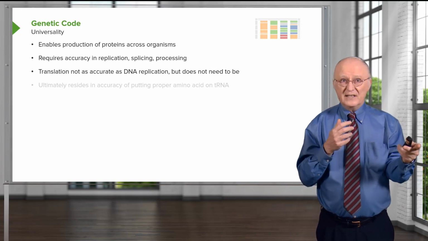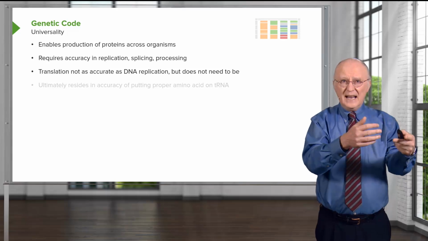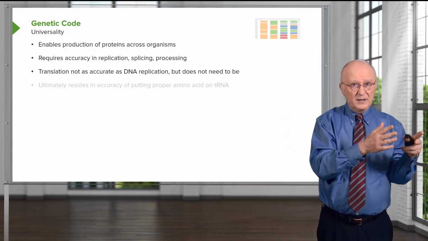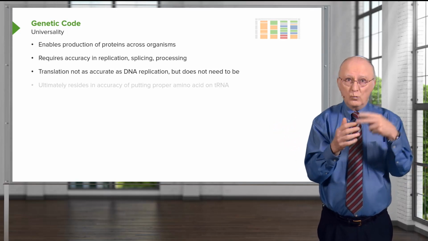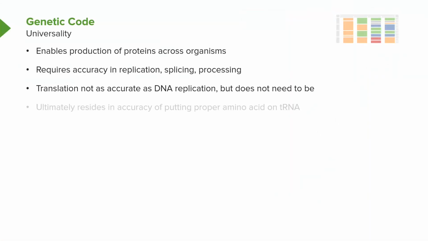Now, if we have an error in the DNA, that has very different consequences, because an error in the DNA, well, that ruins everything all the way down the line. And as DNA is being passed from one generation to the next, once you've gotten an error, then that error carries forward. So errors in DNA replication have major implications for the genetic code and the translation of proteins, but errors during the process of translation can be tolerated to some extent.